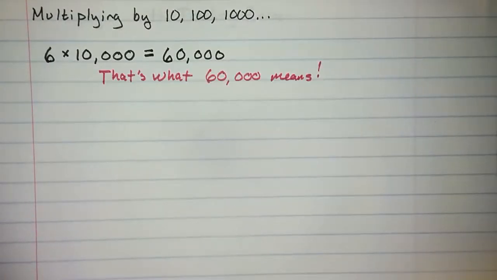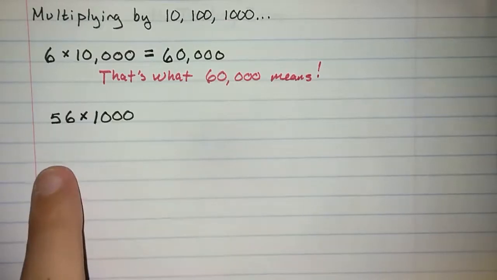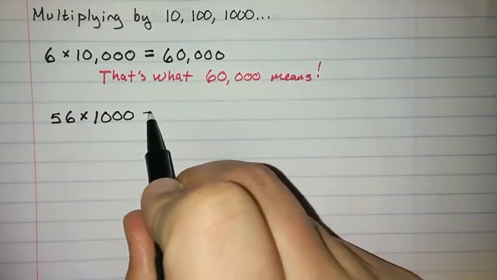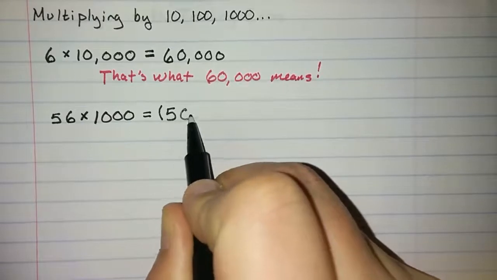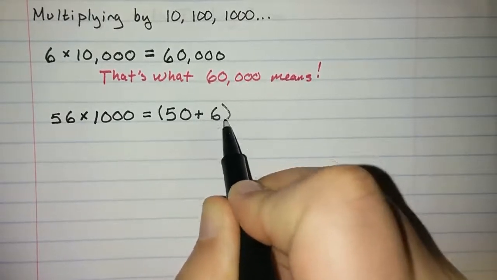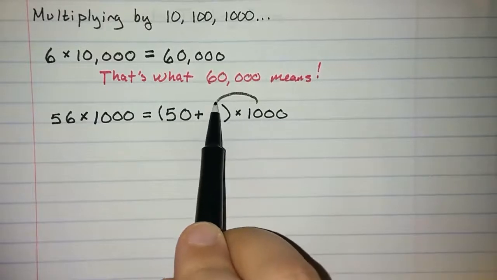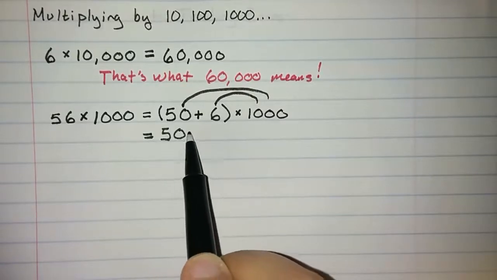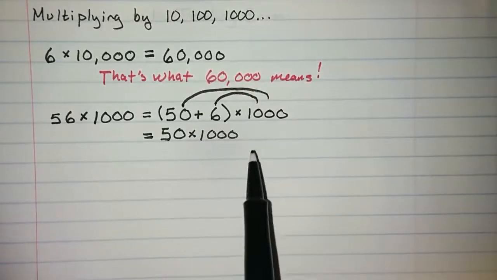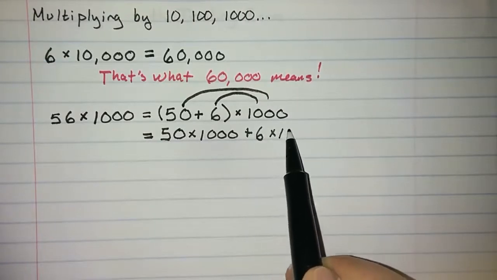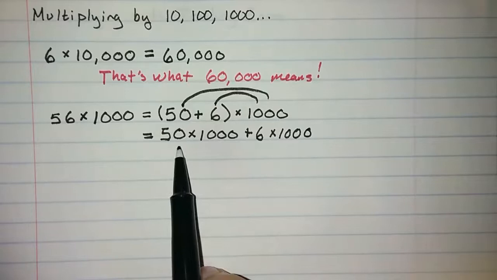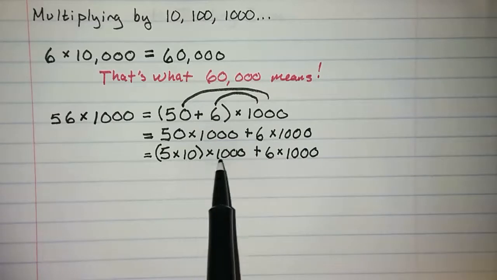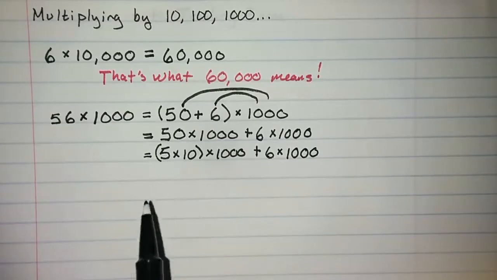And we could follow the same logic for, for instance, the number 56 times 1,000. Now remember, 56 means 5 10s and 6 1s. But now we can just use the distributive property. This is going to be 50 times 1,000 plus 6 times 1,000. 50 thousands, that's 5 times 10 thousands, right? 50 is just 5 times 10.